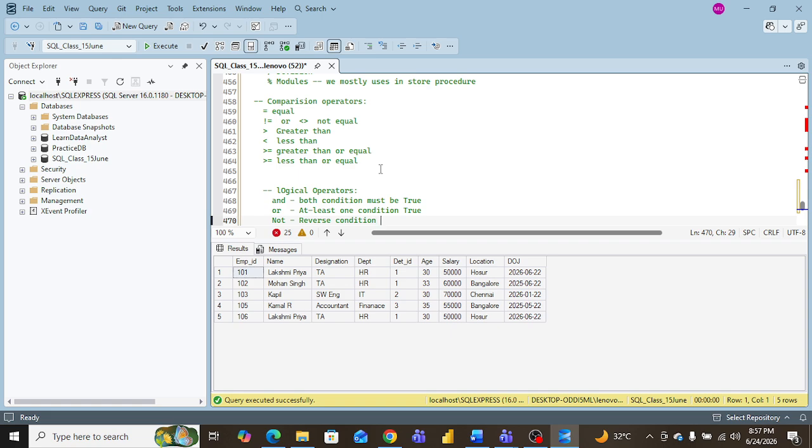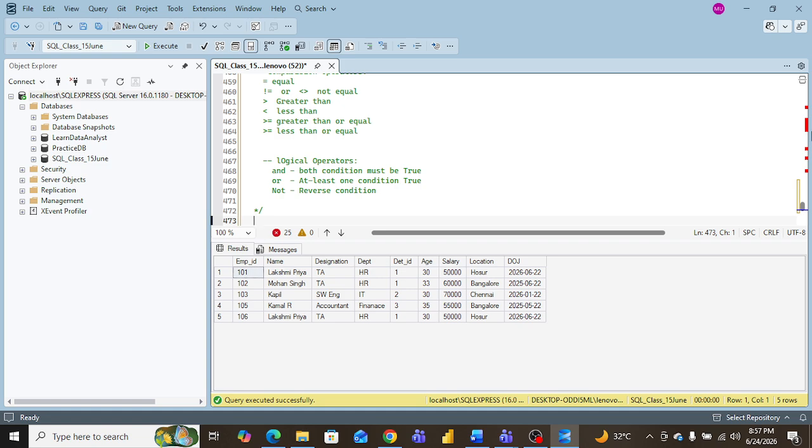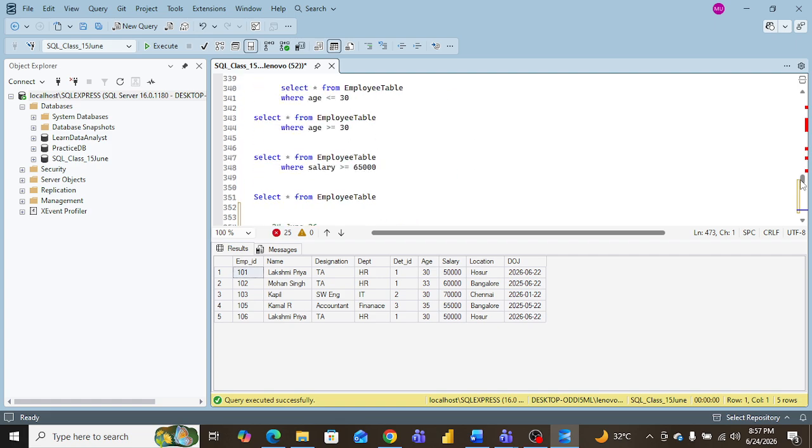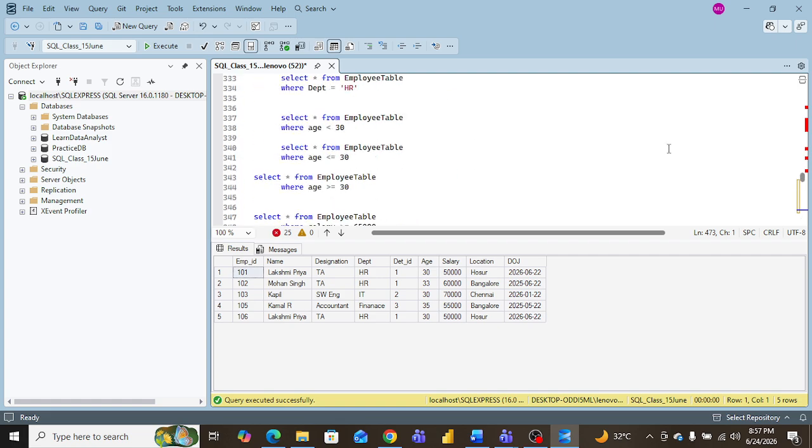Reverse condition means the output we never want to get is what is required. NOT, I can give you an example. Okay, here, what I want here is NOT.